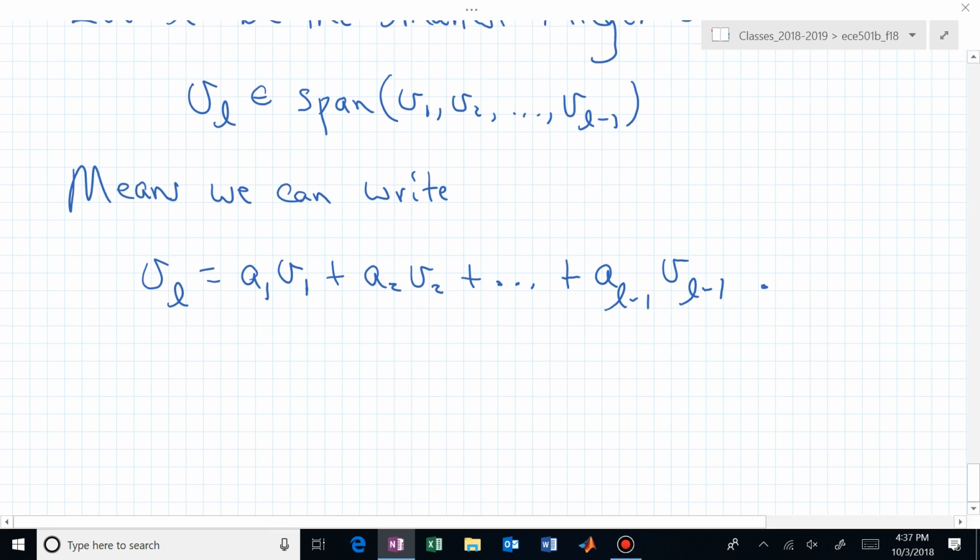Now let's apply the operator T to both sides of that equation. That equation is true by assumption. We assumed that those vectors were linearly dependent, so we can find this equation. So now let's apply the operator T to both sides.